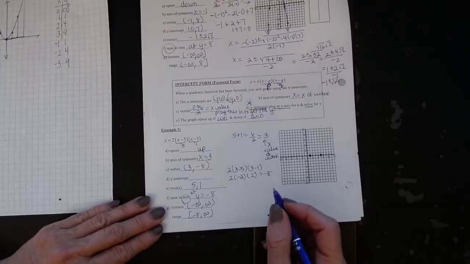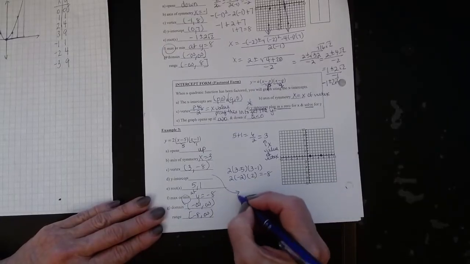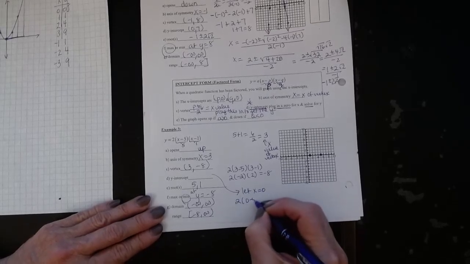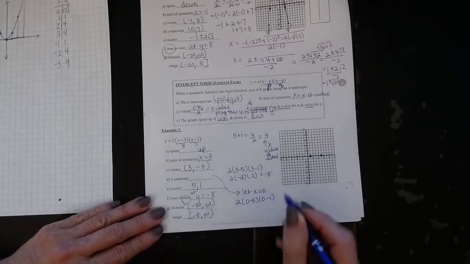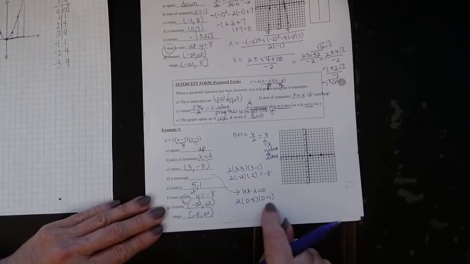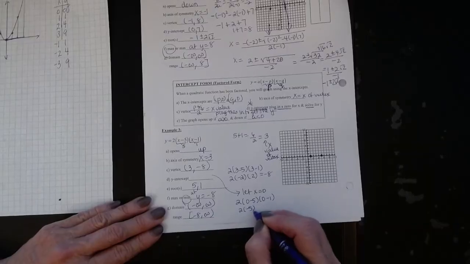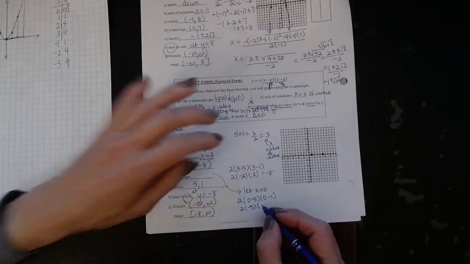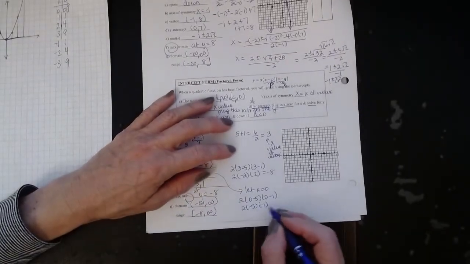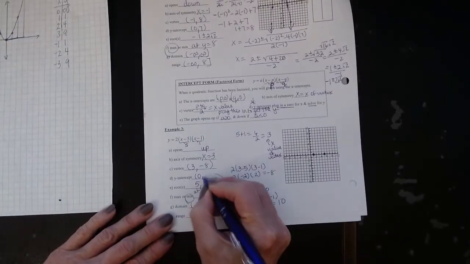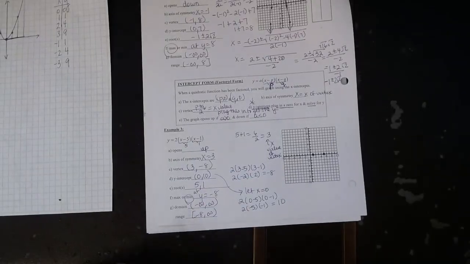The y-intercept is what I need to solve for now, and I let x equal 0. So 2 times 0 minus 5 times 0 minus 1. These parentheses do not equal 0. 0 minus 5 is -5. 0 minus 1 is -1. 2 times -5 times -1 is positive 10. So my y-intercept is 0, 10.